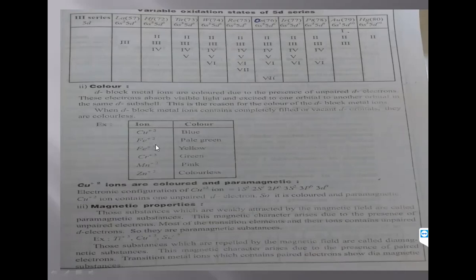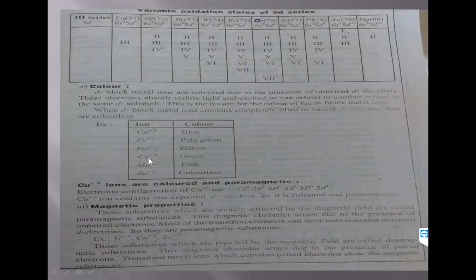If you take Fe +2, that means ferrous, it exhibits pale green color because it has unpaired electrons. Fe +3 exhibits yellow color to the naked eye because of unpaired electrons.